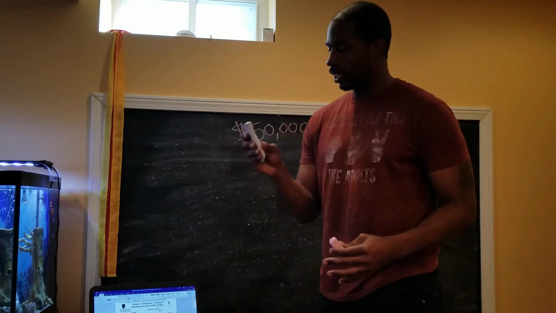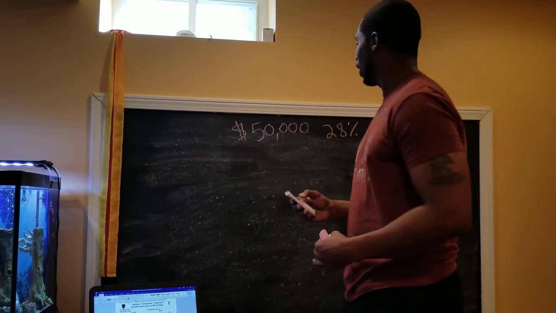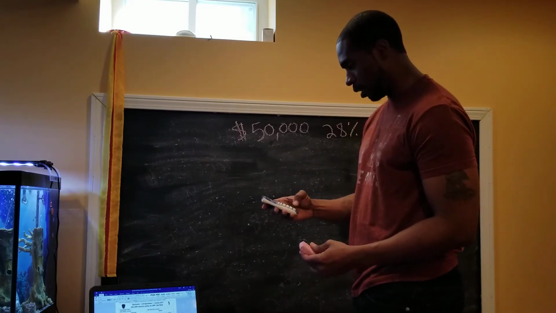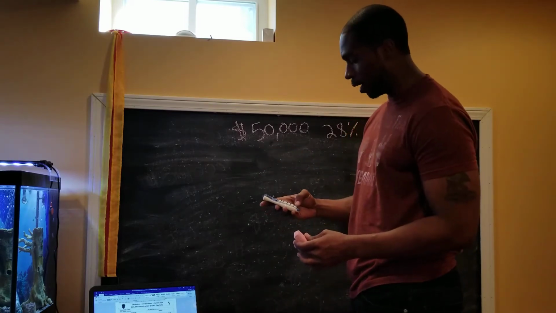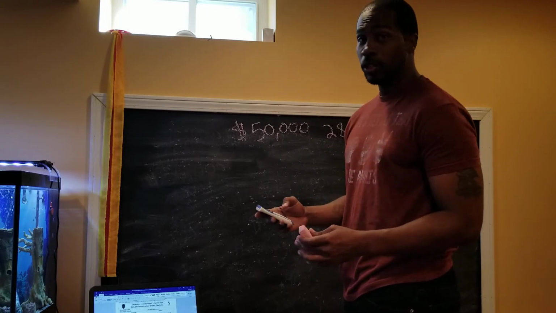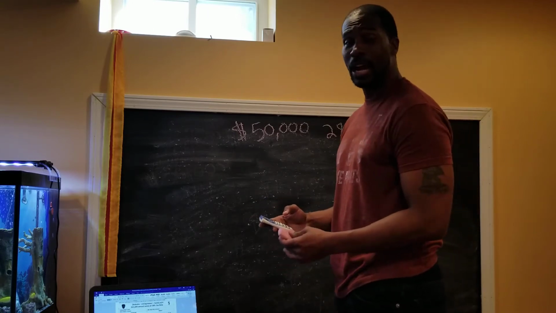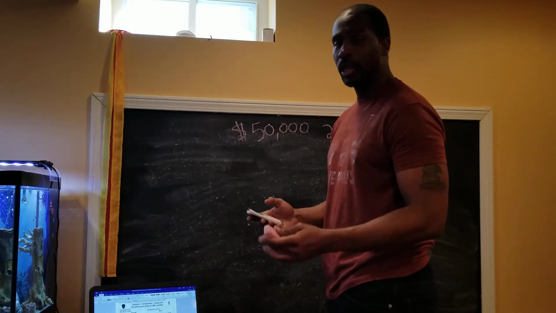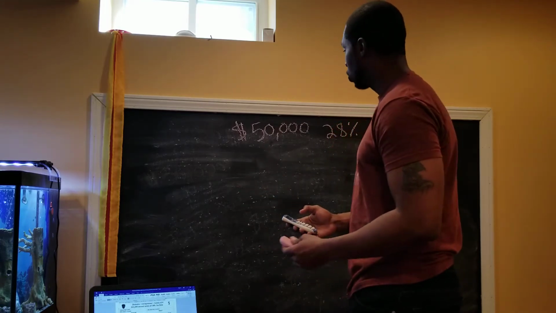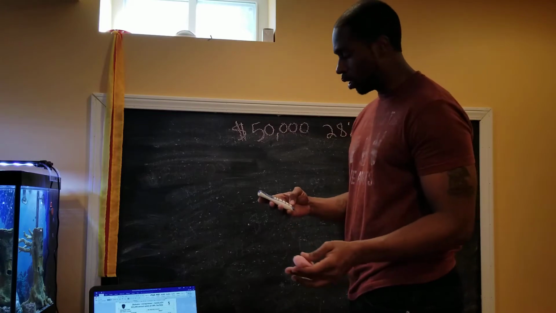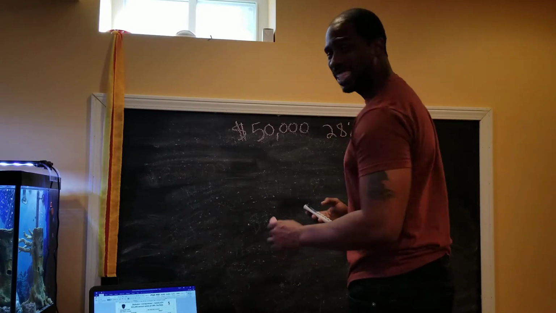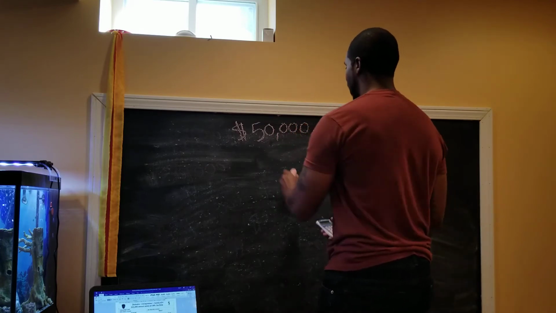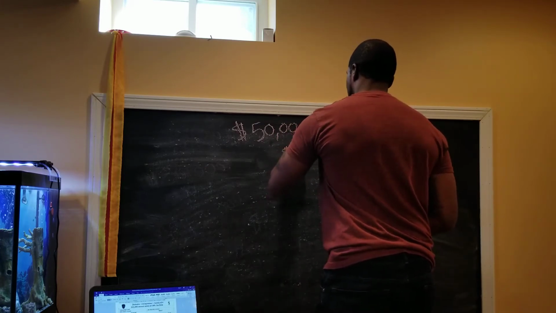Grab my trusty calculator, take that 50,000 and multiply it by 28%. You can do 28 and a percent sign on the calculator, or you can do point, which is the dot, the period, 28 to get 28%. Whichever way you do it, it'll be fine. You're going to get $14,000. So if I multiply that times that, I get $14,000.